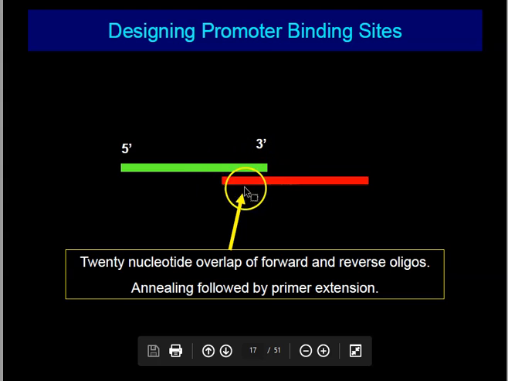So you can design these primers so as to have an overlap. Subsequent to that, in a polymerase chain reaction, they will produce a PCR product which is representative of a promoter. Now these promoter sequences can be obtained from the NCBI GenBank, as most of the promoters have been well documented.